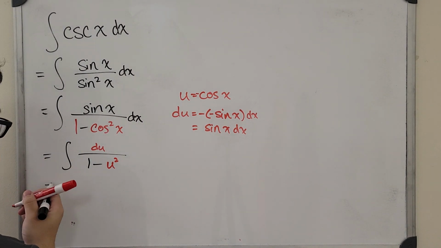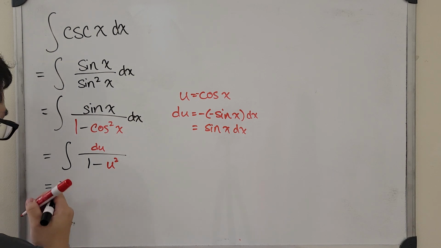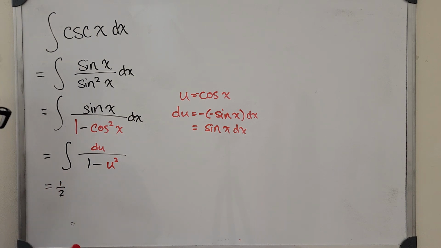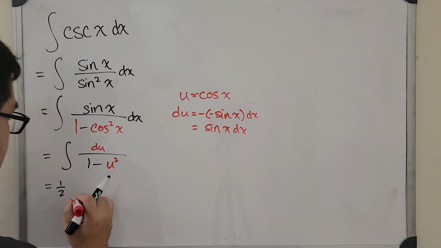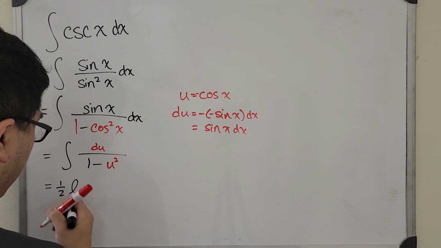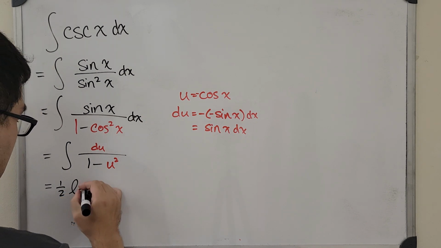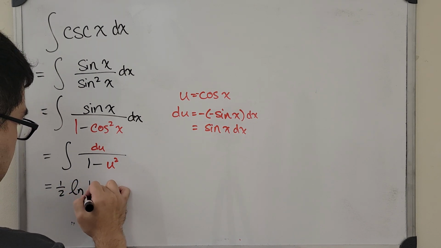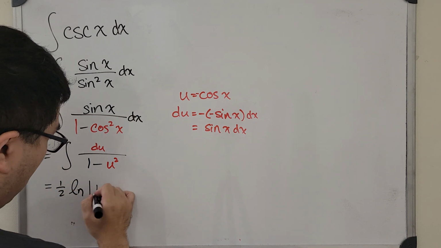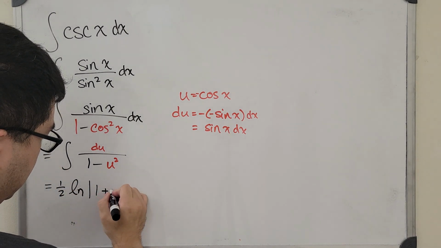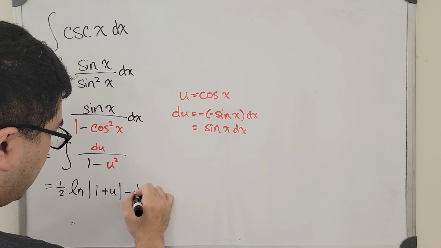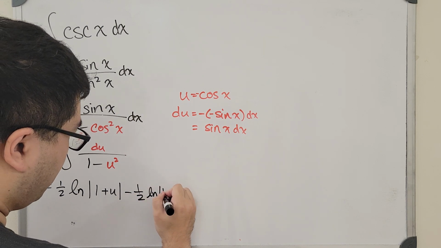we will actually use partial fraction decomposition, so that we will actually take the integral to get 1/2 of ln of, let's see, we still have 1 plus u, and then minus 1/2 ln of 1 minus u.